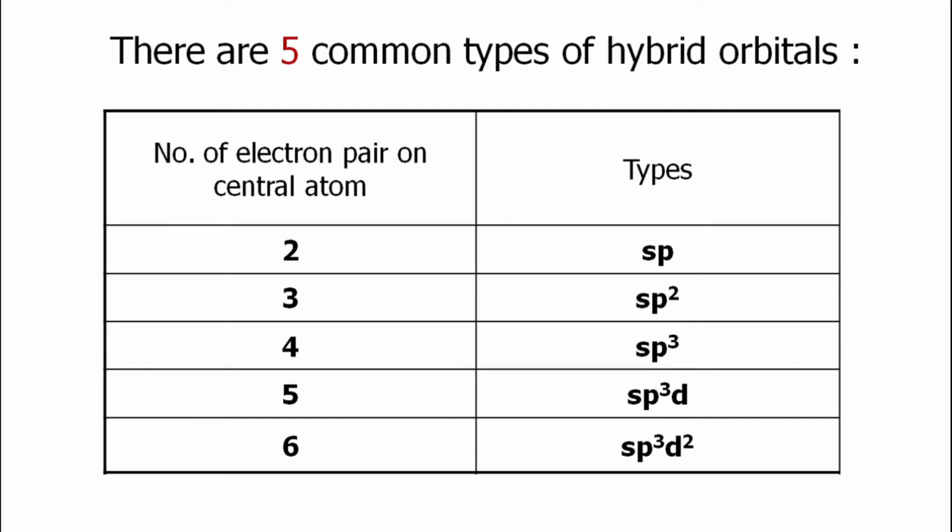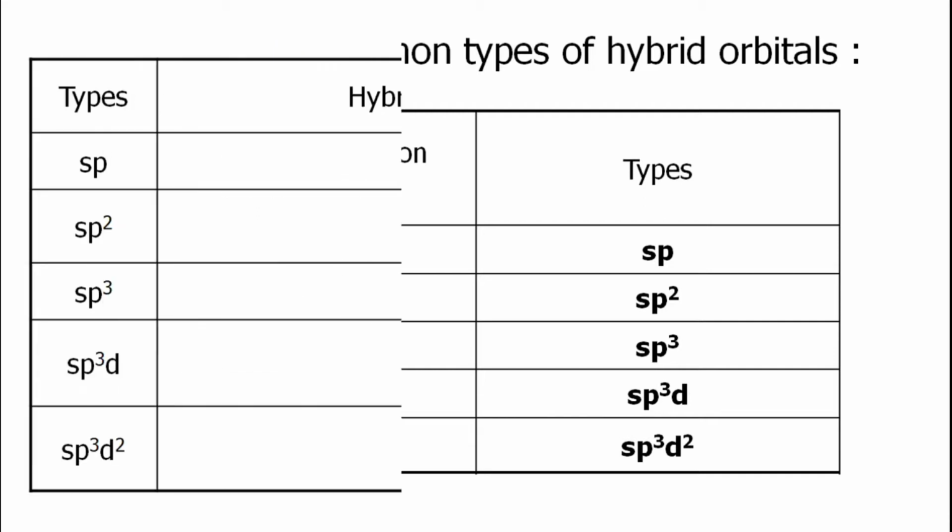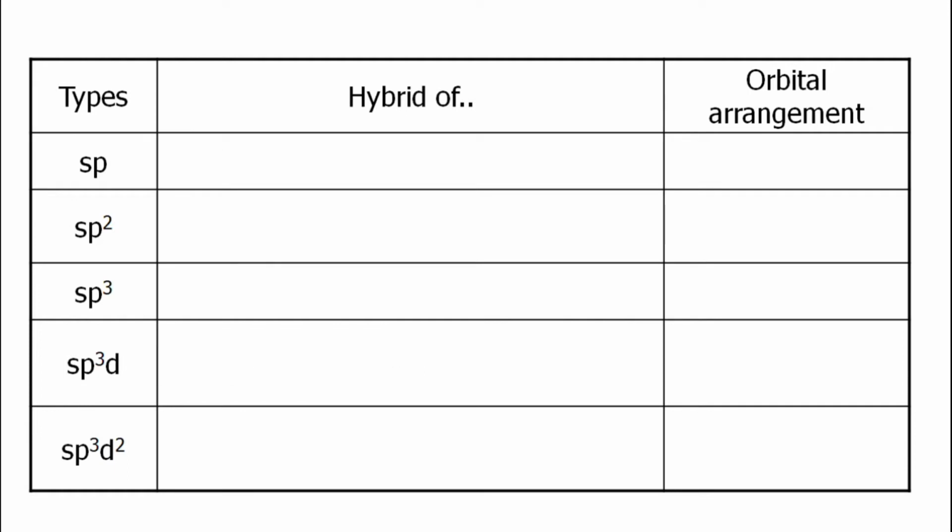Now, let's look at the orbital arrangement or the shape of hybridization for each type. An sp hybrid orbital is a mix of 1s orbital with 1p orbital. Thus, the orbital arrangement would be linear.